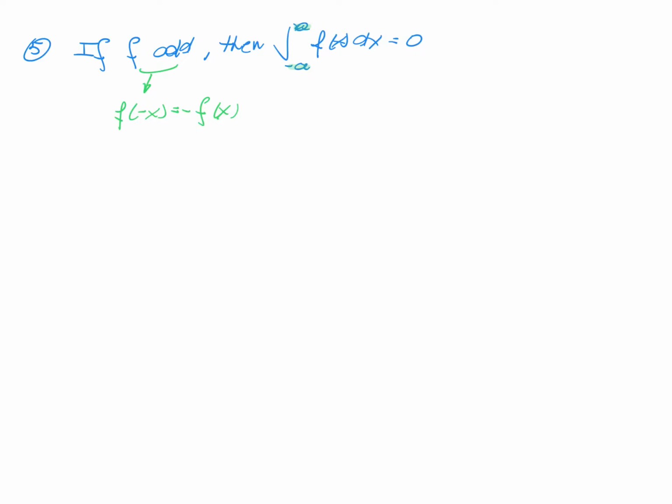The easiest way to see this property is just by making a sketch. Let's assume that we have such an odd function between the boundaries minus a and a. This function then defines two areas: the area A1 on the left side, which is below the x-axis, and the area A2 on the right side, which is above the x-axis.